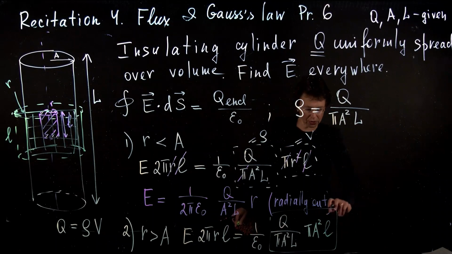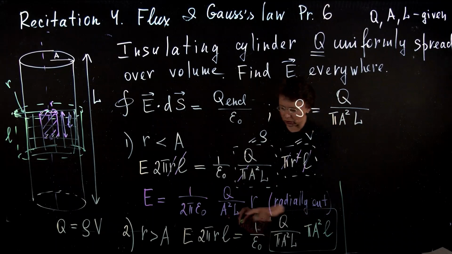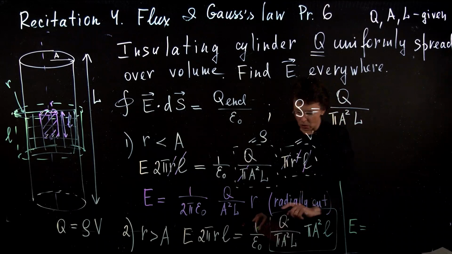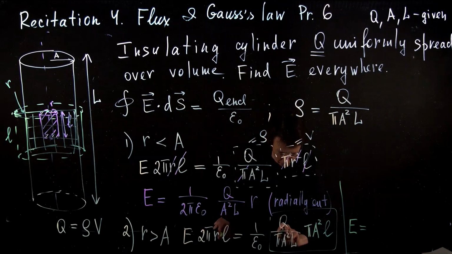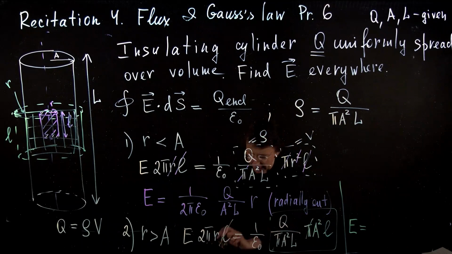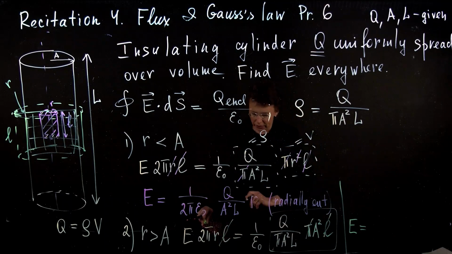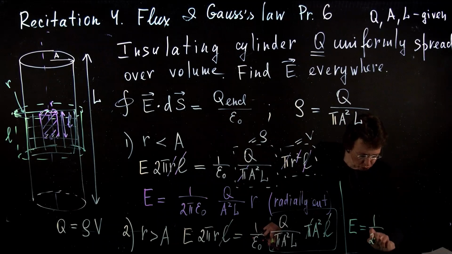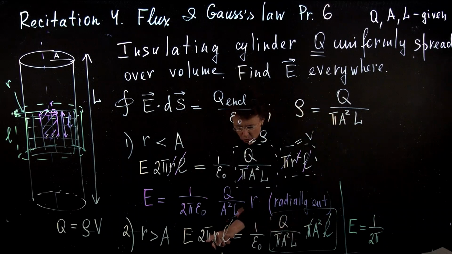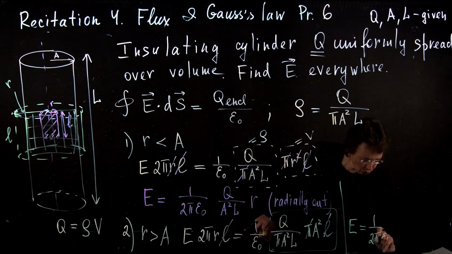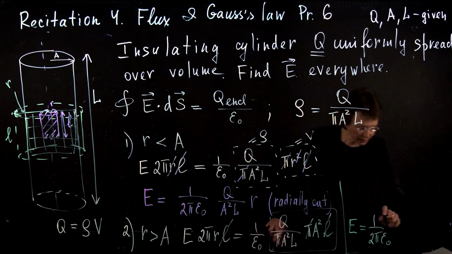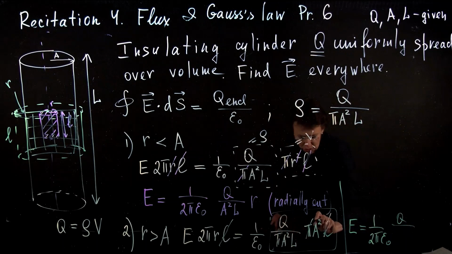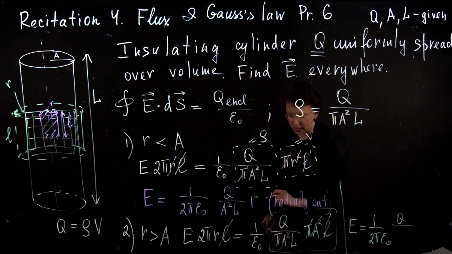So what will be the final expression for the electric field? E will be equal to 1 over 2. Let's cancel out this pi. L is gone, as it should be. Then I have 1 over 2 pi epsilon naught, Q divided by A squared L. Oh, I'm sorry, A squared and A squared cancel out.